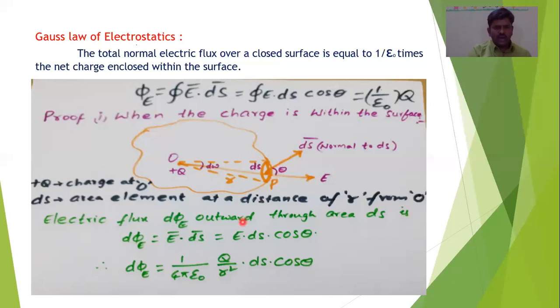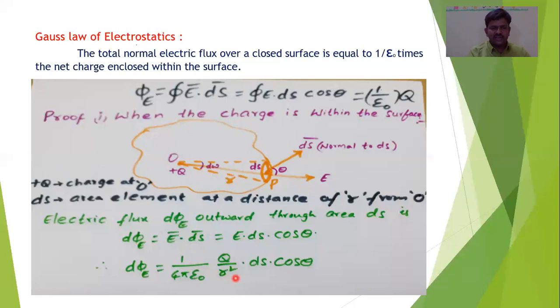Now I am first calculating electric flux, that is E dot ds, E ds cos theta. E means electric field intensity at point P, which we know is situated at a distance of r from plus q. So electric field intensity is equal to 1 by 4 pi epsilon naught q by r square.